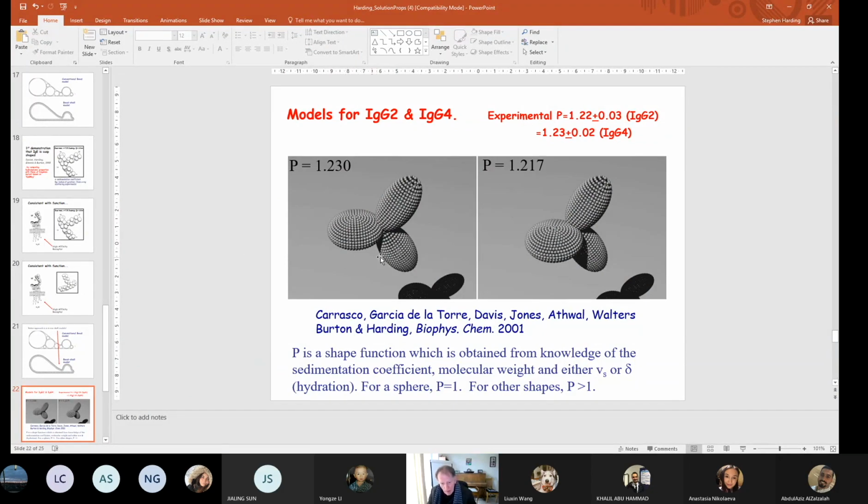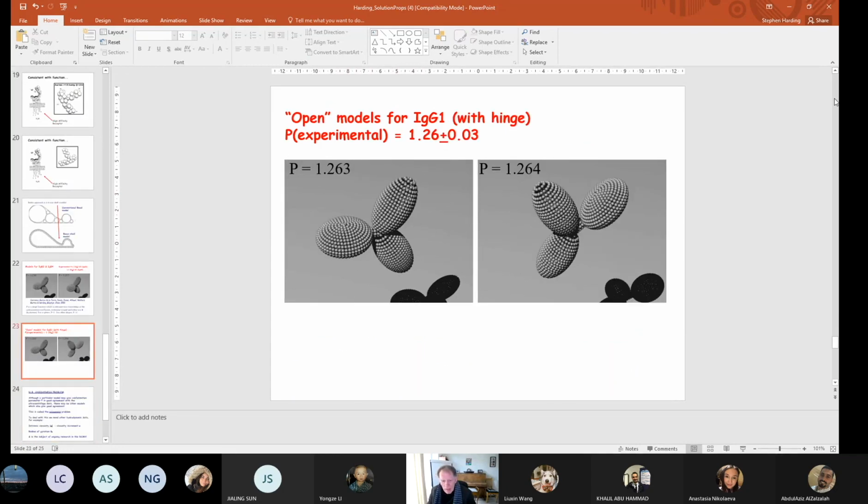So these are models that have been created in the way I said.